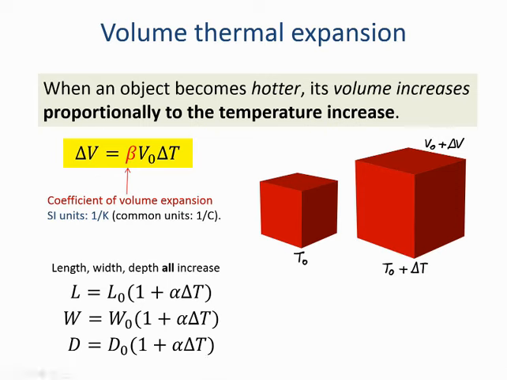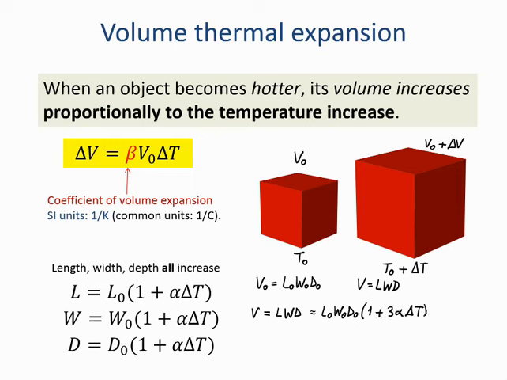If you call the original volume V0, you could write V0 equals L0 W0 D0, length times width times depth, and the new volume would be length times width times depth. You can show by simple algebra that the volume LWD is going to be equal to L0 W0 D0 times (1 plus 3 alpha delta T).